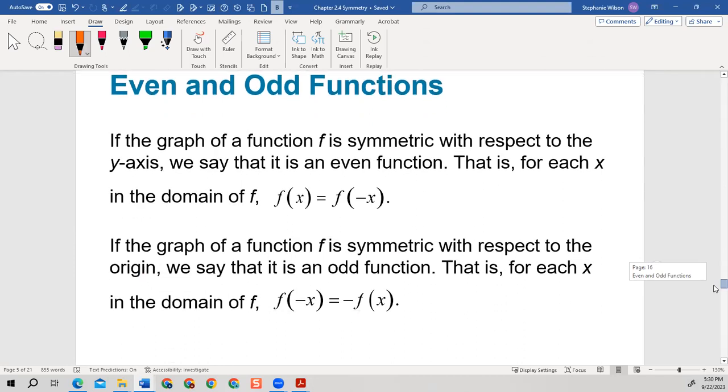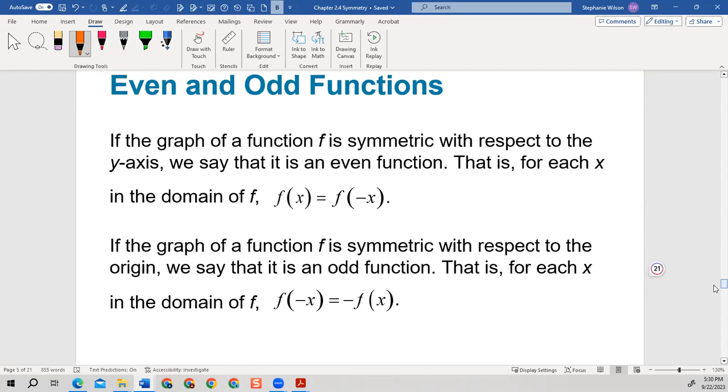Now, we want to determine if it's even and odd functions. If the graph of the function f is symmetric with respect to the y-axis, we say that it is an even function. That is, for each x in the domain of f, f of x is equal to f of negative x. If the graph of a function f is symmetric with respect to the origin, we say that it is an odd function.